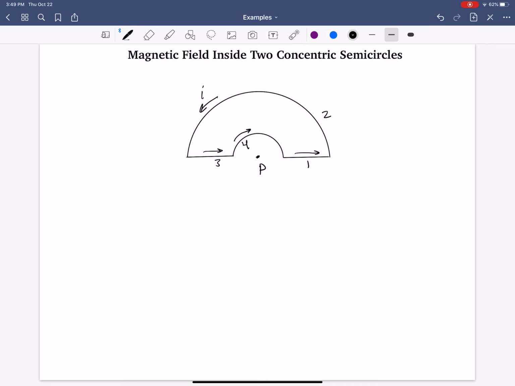If we want to find the magnetic field at point P due to this current, there's actually several contributions, right? We need to use Biot-Savart to find the contributions from 1, 2, 3, and 4. Okay?